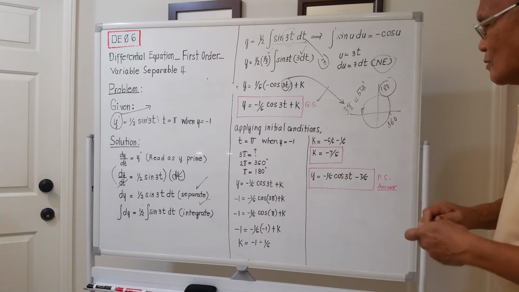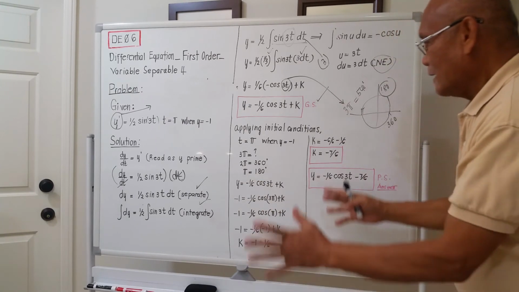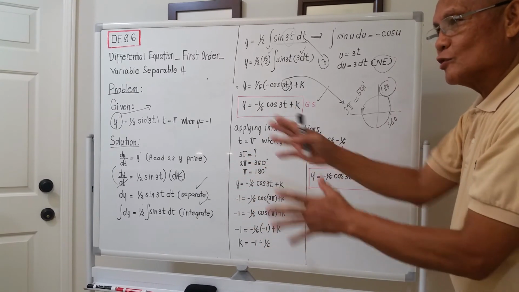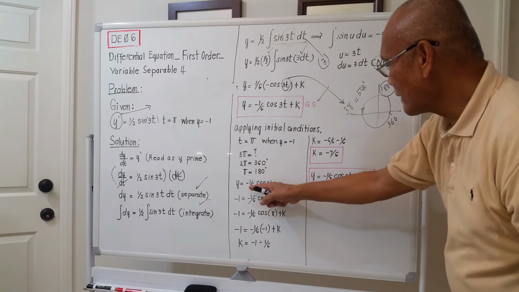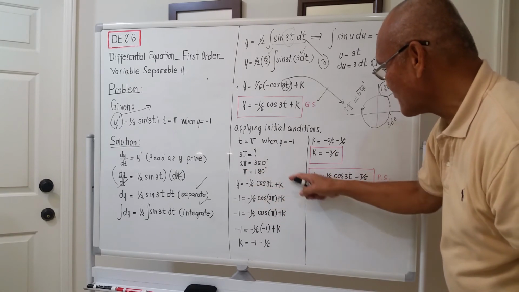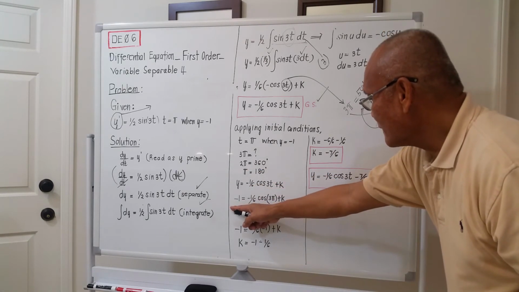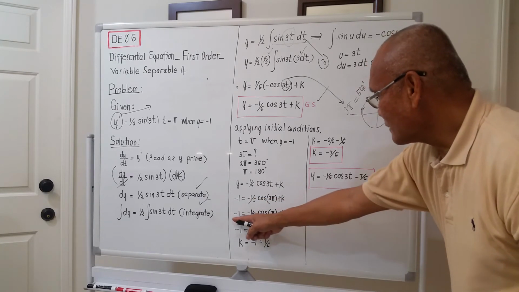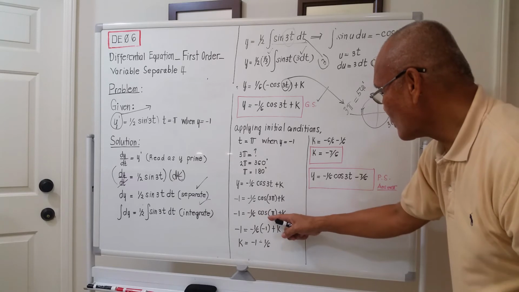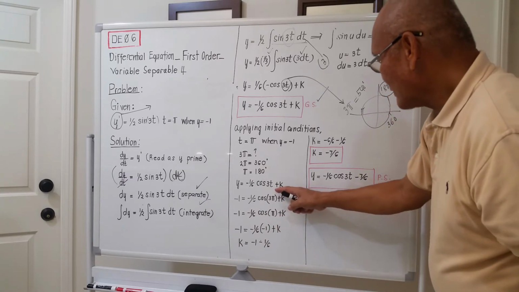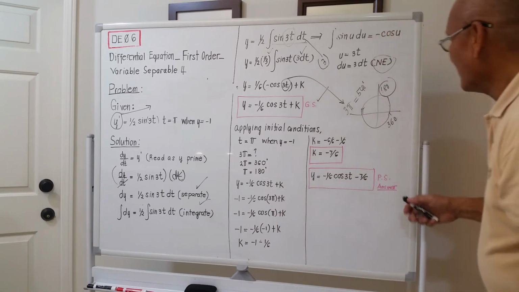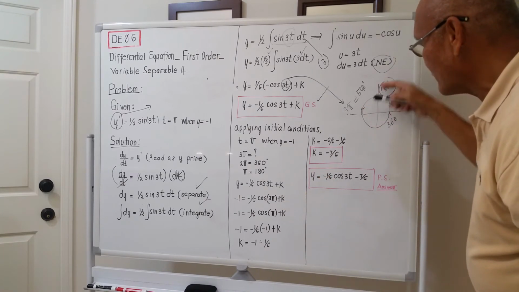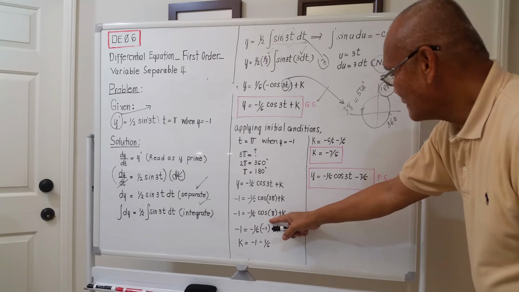So y now will be equal to negative 1/6 cosine of 3t plus k. Negative 1 equal to negative 1/6 cosine of 3 pi plus k. 3 pi or pi are the same, right? Because 2 pi is one complete revolution plus another pi, that is 180, or cosine of pi.